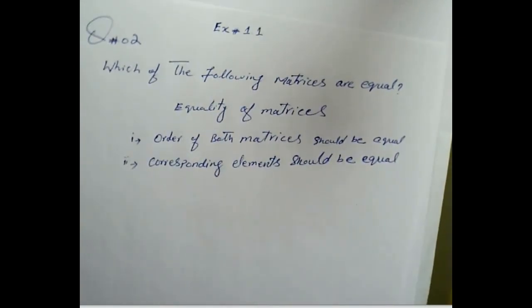So in order to check the equality of 2 matrices, we have to testify these 2 conditions. The first condition is that the order of 2 matrices should be equal, and then the corresponding elements should also be equal, right?